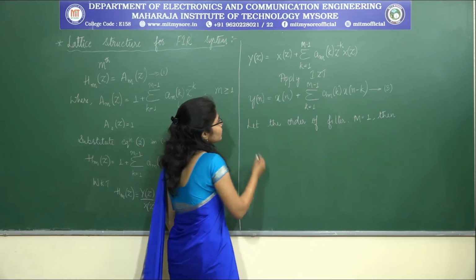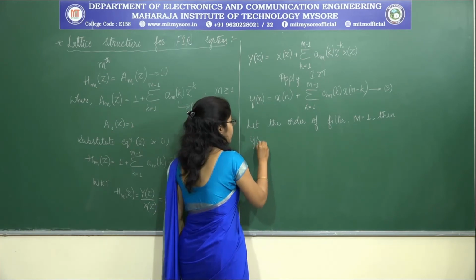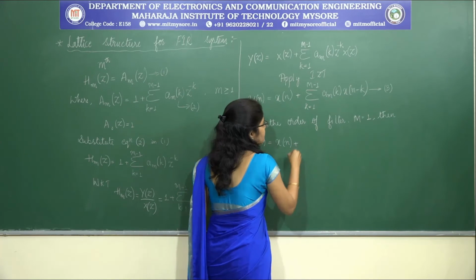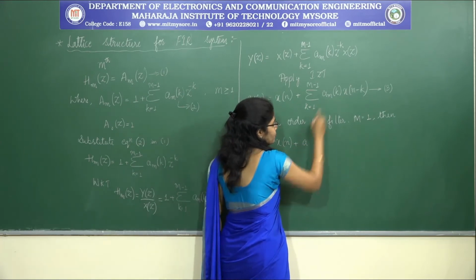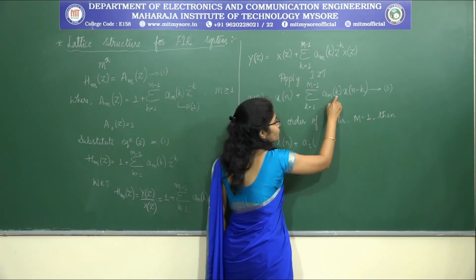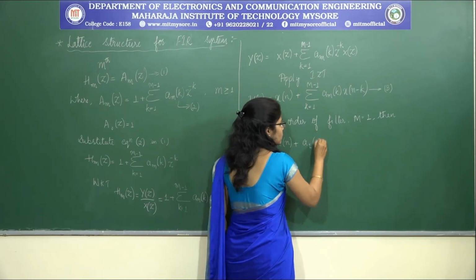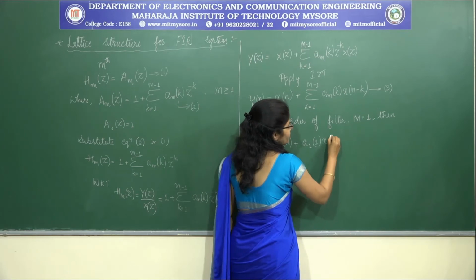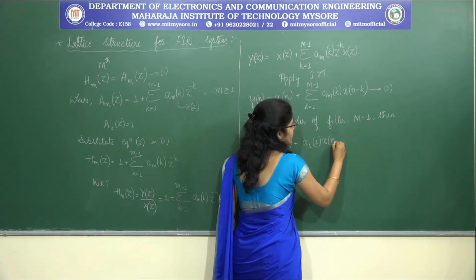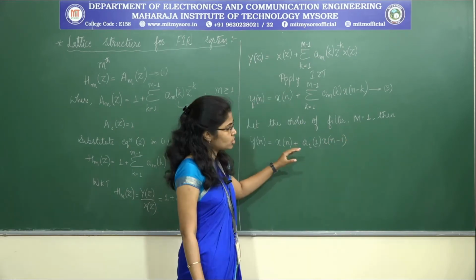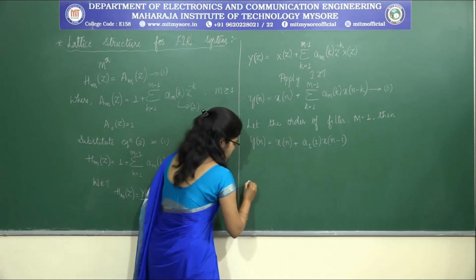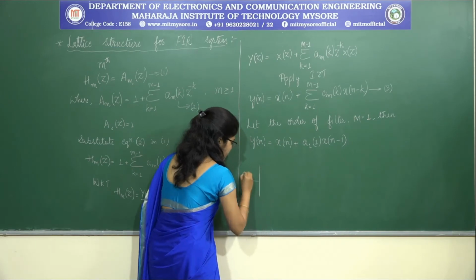So y of n will be equal to x of n plus a1 of 1, the value of k is also 1, into x of n minus 1.